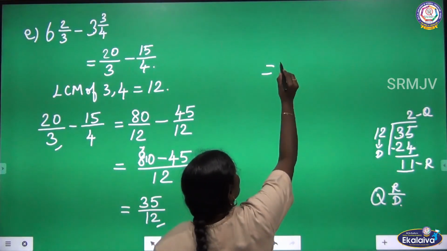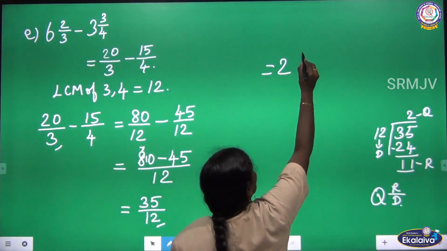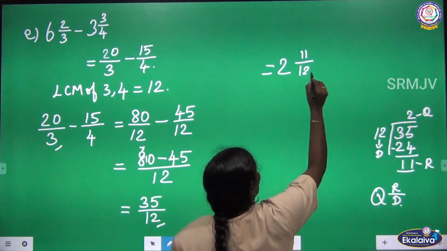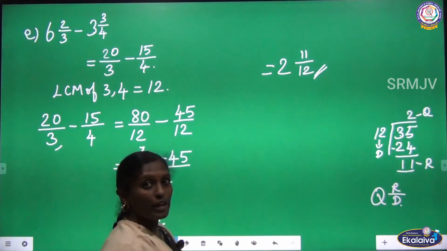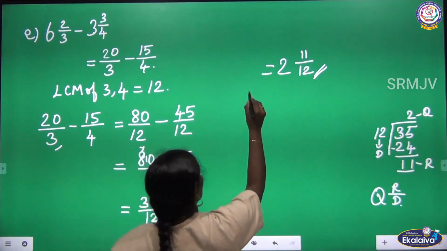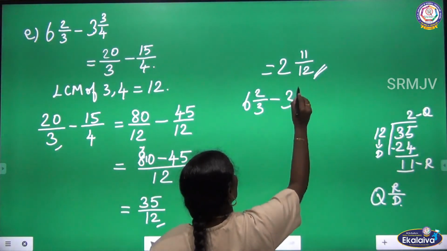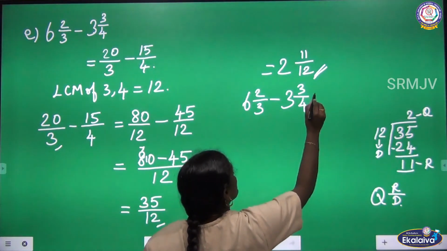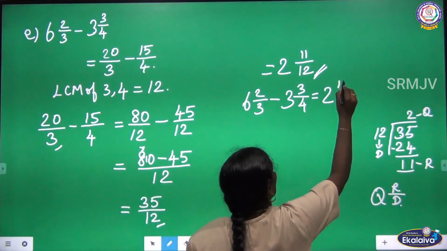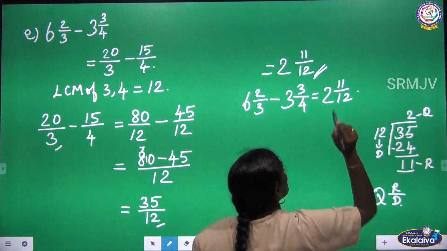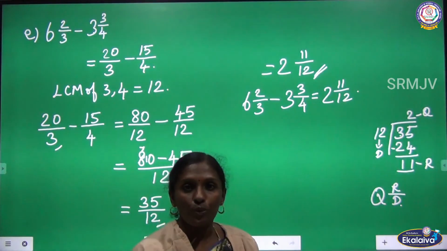Okay, the quotient is 2, remainder 11 by 12. So 2 11/12 is the answer. So 6 2/3 minus 3 3/4 is equal to 2 11/12. Is it clear, children? Hope you all understand.